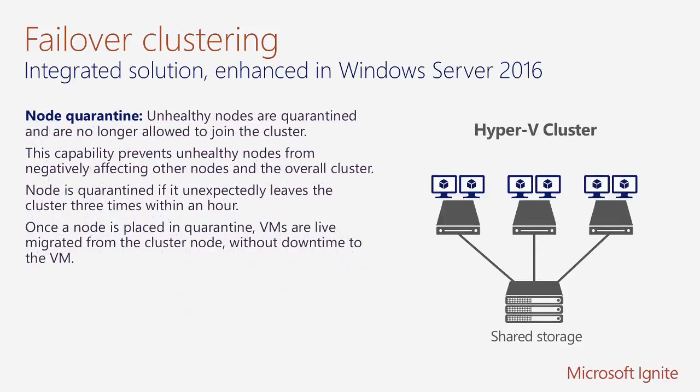So the final thing we invested in this space around the clustering improvements is a feature that we call node quarantine. And this wasn't a big hitter. The network and storage thing accounted for 90% of the downtime that we saw. But node quarantine was a really interesting problem.